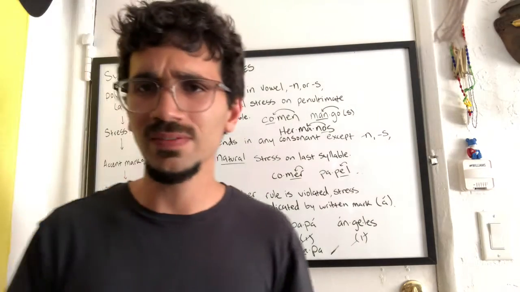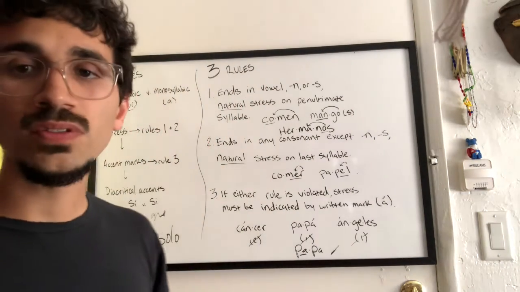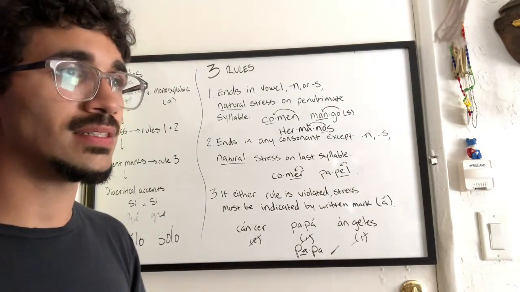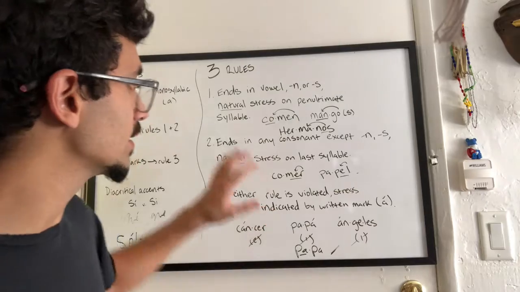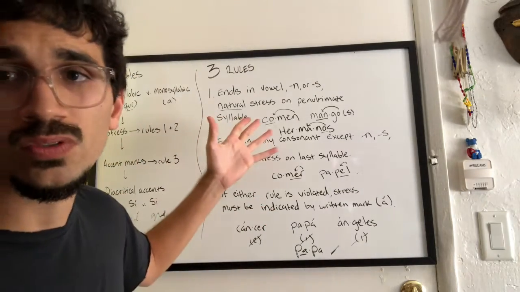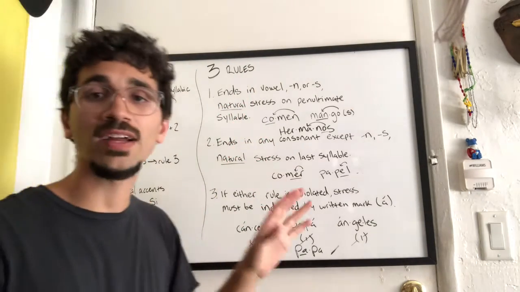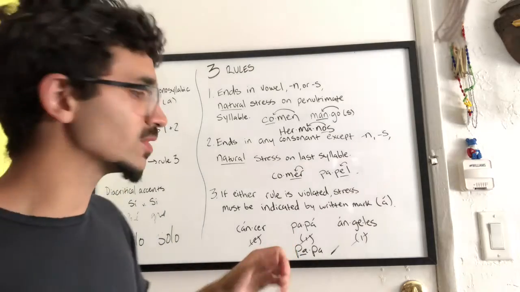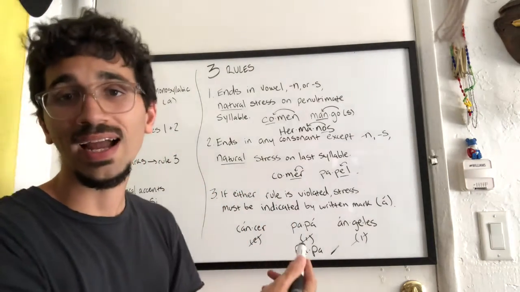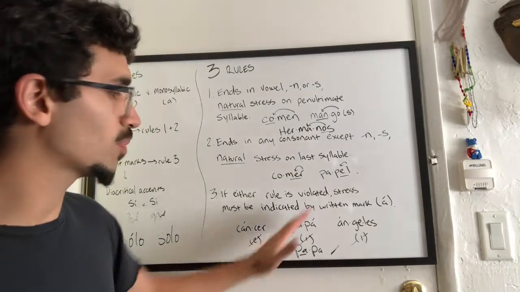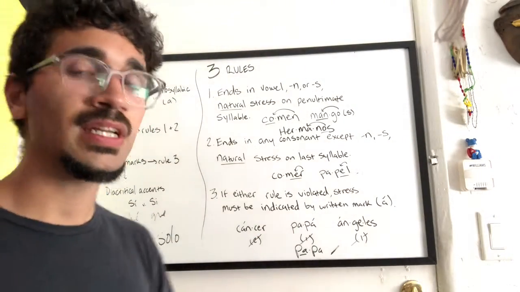So that's where I'm going to leave that. You have these three rules. They are descriptive rules. They describe essentially where natural stress goes, and they're just awesome rules, okay, because they're complementary, so they cover everything, and they have a fail-safe, which is if it doesn't cover that particular word, you know how to adjust for that. So you just put the accent mark on, and you're good.